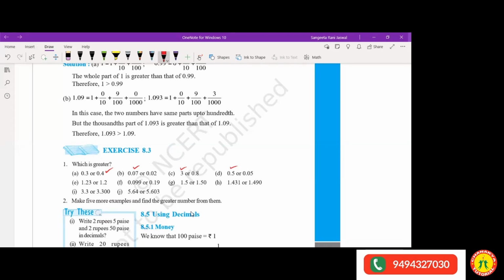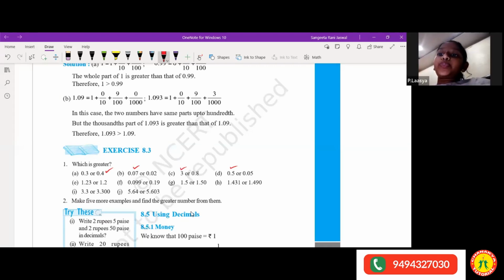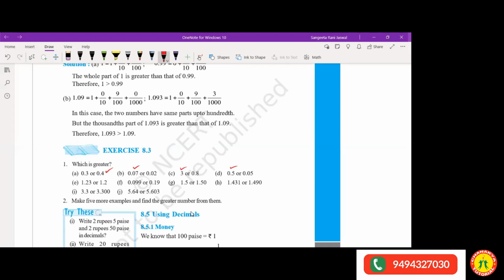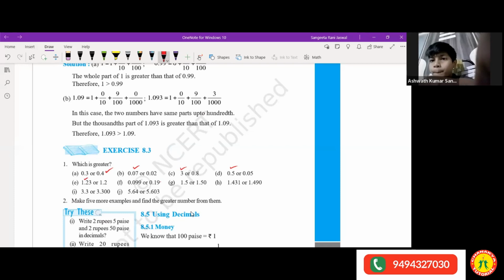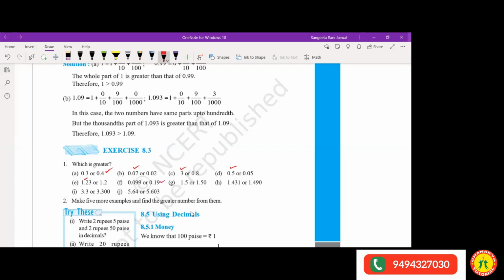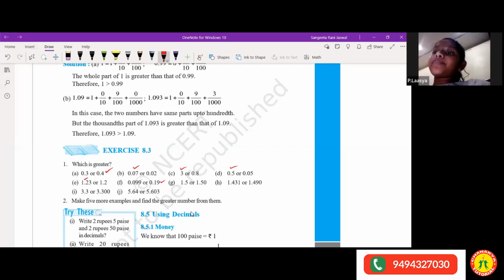Now 1.23 or 1.2? 1.23, because the first place was the same, then we compared the second place. Next one, 0.099 or 0.19? 0.19. Very good. 1.5 or 1.50? They are equal.